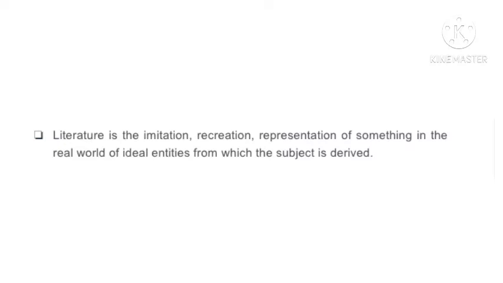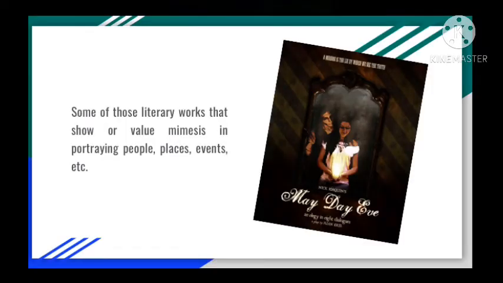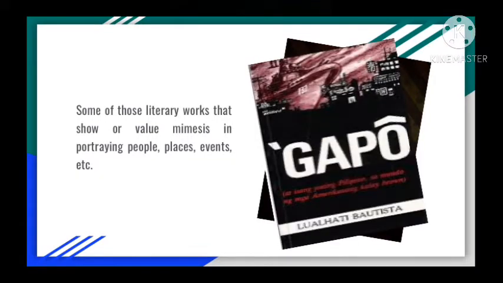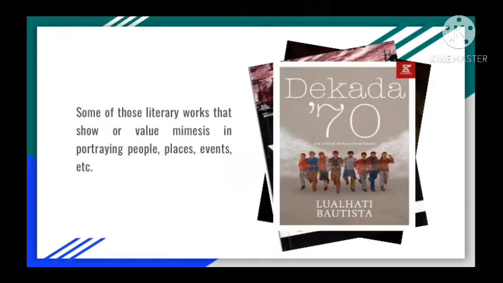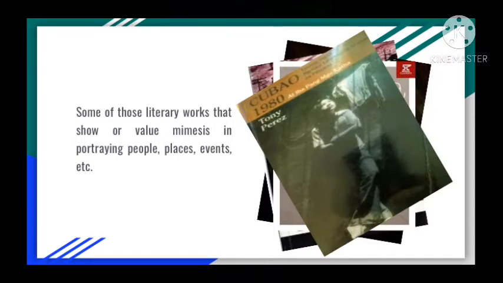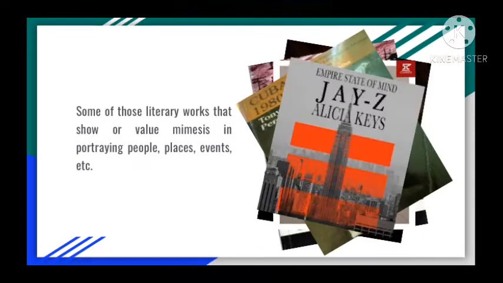So, we have here some of the literary works in our module, and these are, first, Mayday Eve by Nick Joaquin, Gapo by Lualhati Bautista, Dekada 70 by Lualhati Bautista, Cubao by Tony Perez, and the song Empire State of Mind by Alicia Keys and Jay-Z.